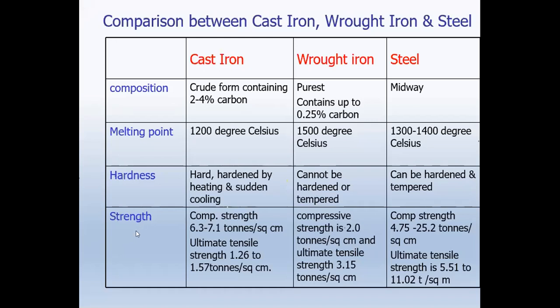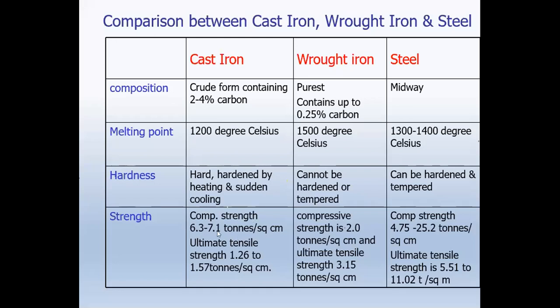With respect to strength, that is one of the very important mechanical properties of steel. You can see here the compression strength for the cast iron ranges between 6.1 up to 7.1 tons per square centimeter. Very strong.